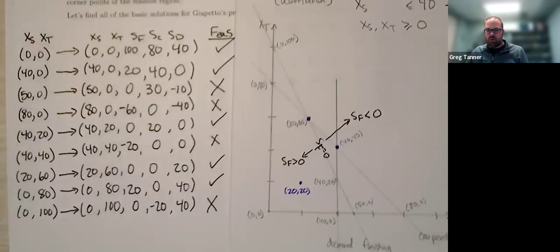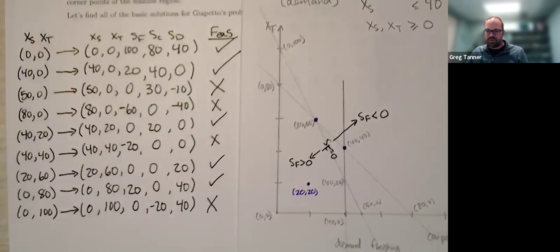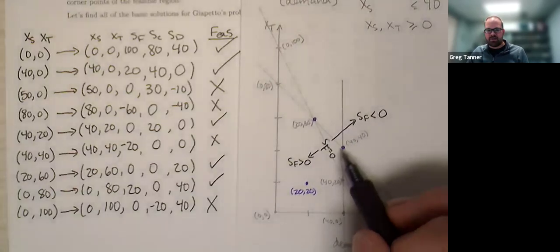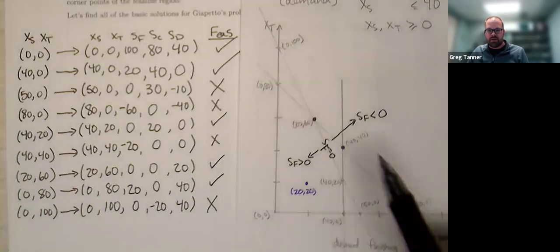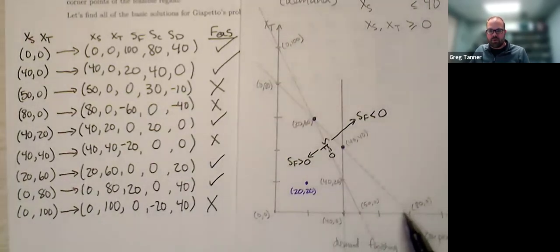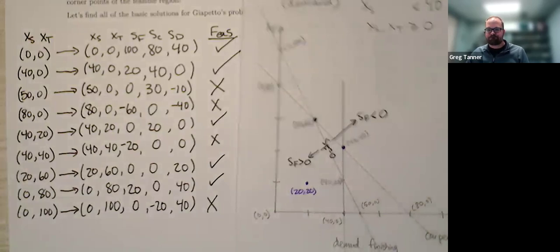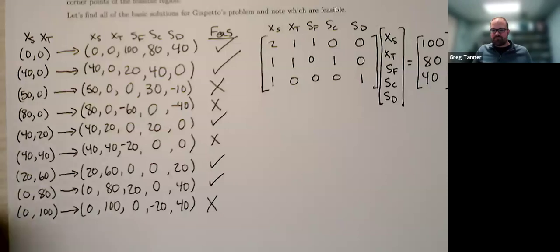The corner points that are actually on the boundary of the feasible region are the ones that are feasible. Those are the BFSs. The ones that correspond to intersections beyond here, like up here, this corner, or this 40-40, or this 80-20, are intersections of two constraints, but they're outside of the feasible region. So that's it for this video, introducing the idea of basic solutions and basic feasible solutions.